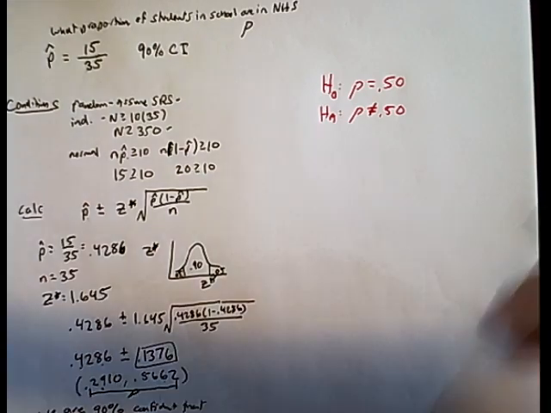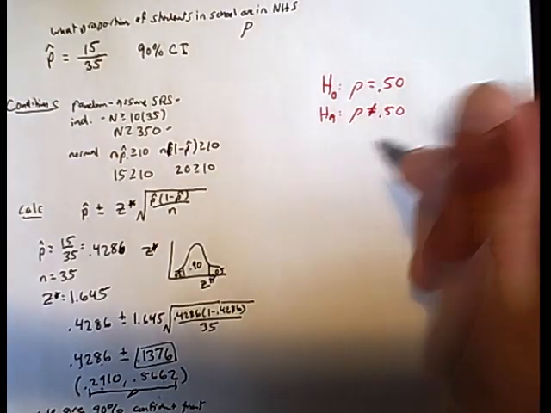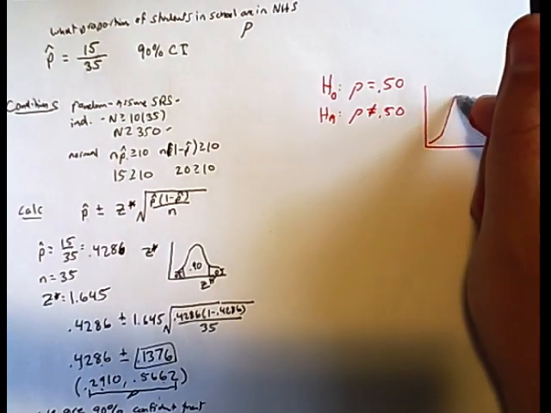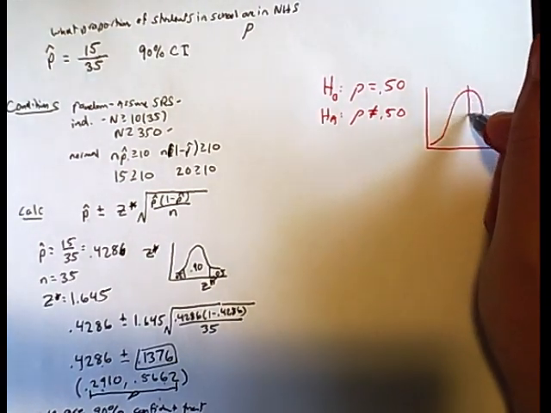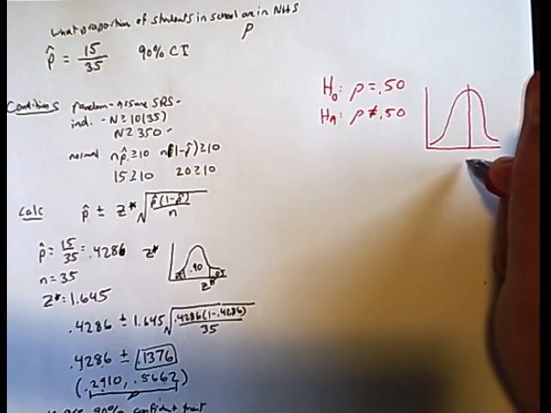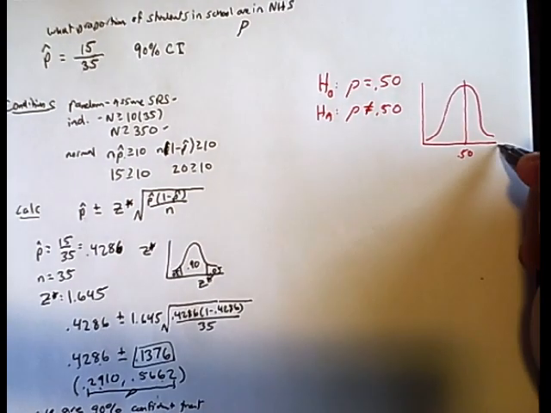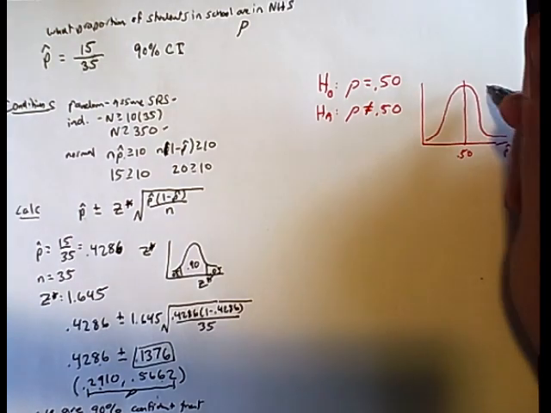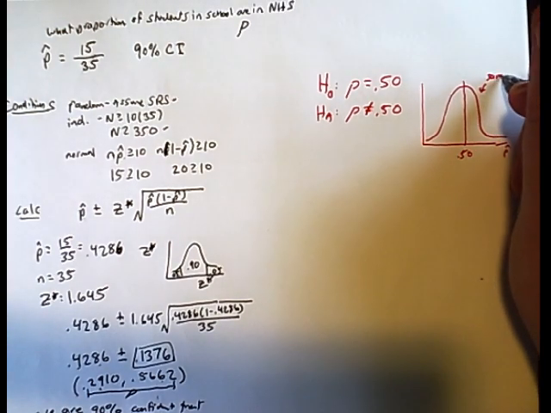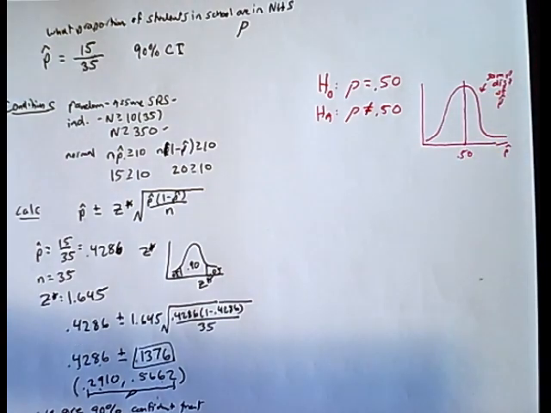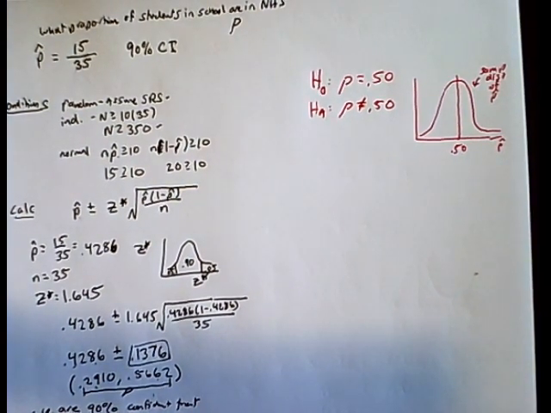Now, so we go into this normal curve assuming that 0.50 falls down the middle. Again, these would be p-hats, because this is a sampling distribution of the p-hats.